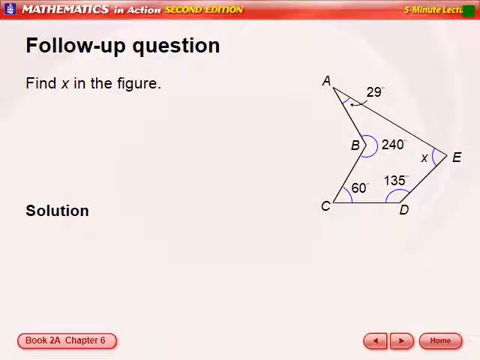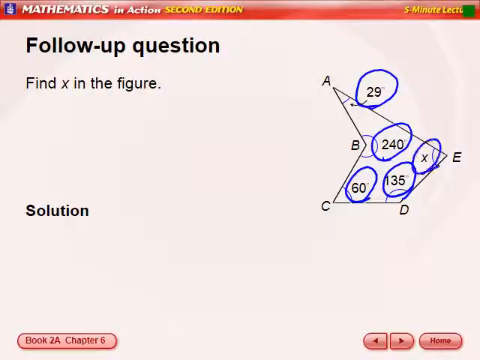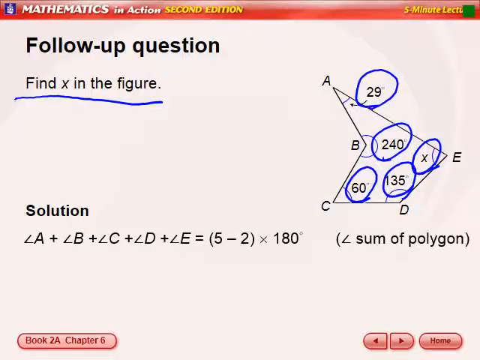And not only for the convex polygon, but also for the concave polygon. For this example, ABCDE is a concave polygon. If we are given 5 interior angles here, with only one unknown x, and we want to find x in the figure, we can also use the angle sum of polygon to solve the problem.